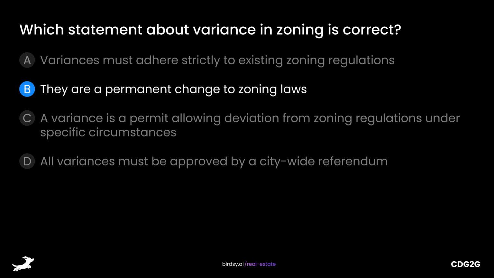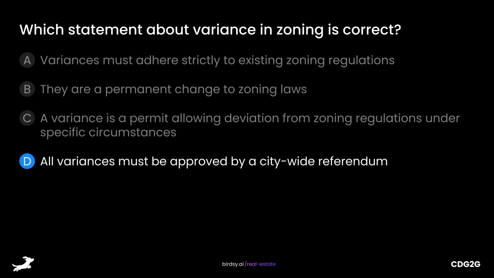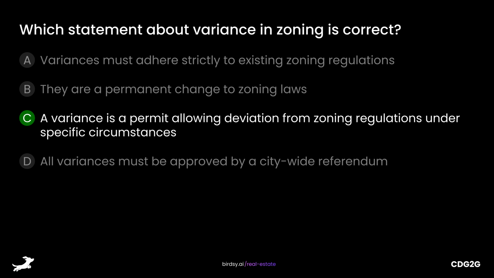B, they are a permanent change to zoning laws? C, a variance is a permit allowing deviation from zoning regulations under specific circumstances? Or D, all variances must be approved by a citywide referendum? The answer is C, a variance is a permit allowing deviation from zoning regulations under specific circumstances.